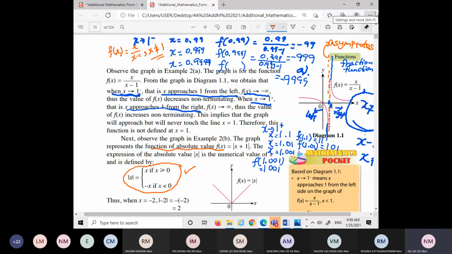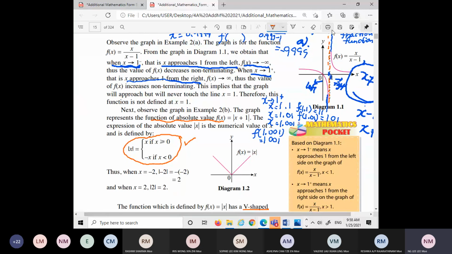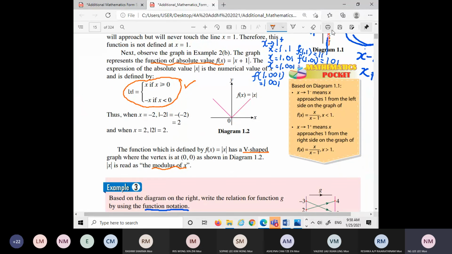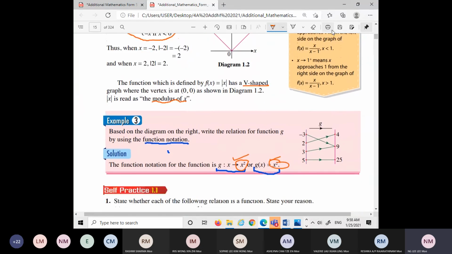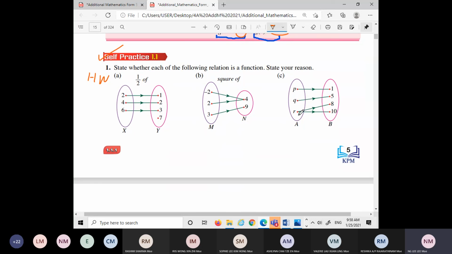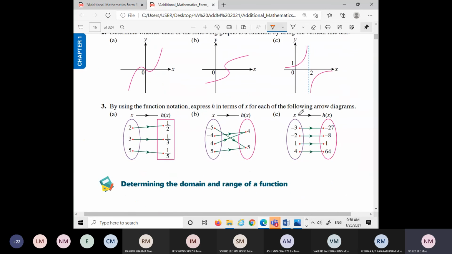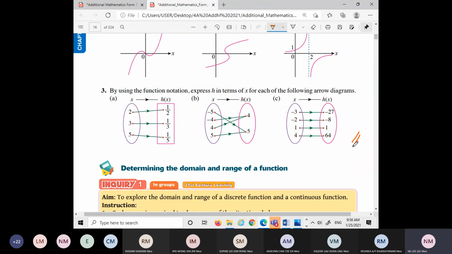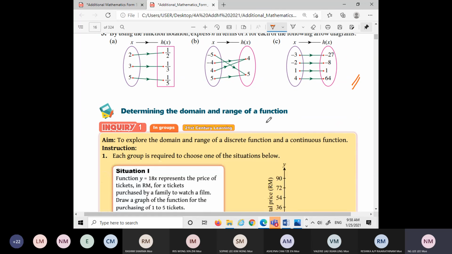One is the notes for fraction functions, and the notes for the absolute value functions. After that, this one is your homework. Okay, homework and the notes in the same book. Continue until here. Altogether 3 questions as homework.